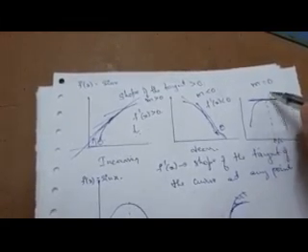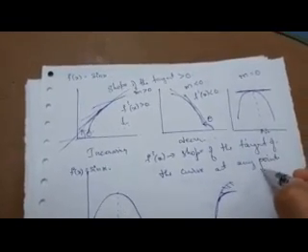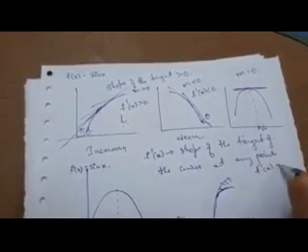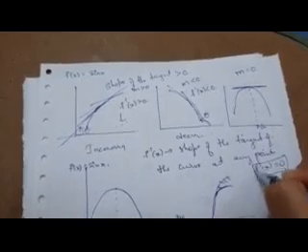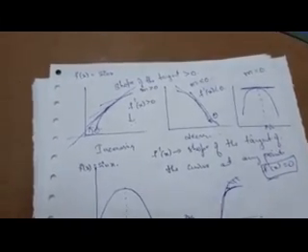When f dash of x is equal to 0, such a function is called a constant function.